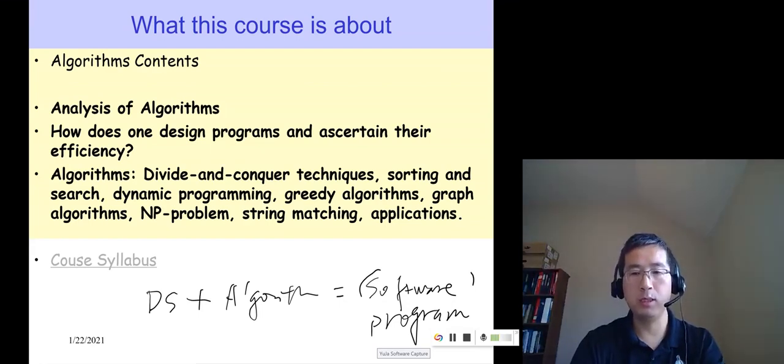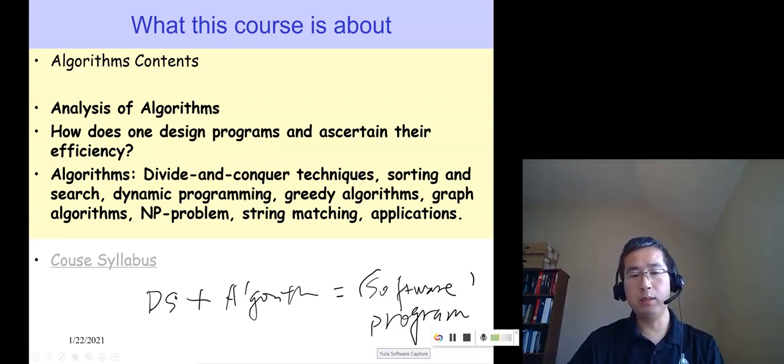Because data structure is the prerequisite for algorithm. That's why maybe the algorithm course textbook also contains some prerequisite knowledge. Okay, so data structures plus algorithms. Data structures is like how you will store the data, and also of course it will help you to manipulate the data.